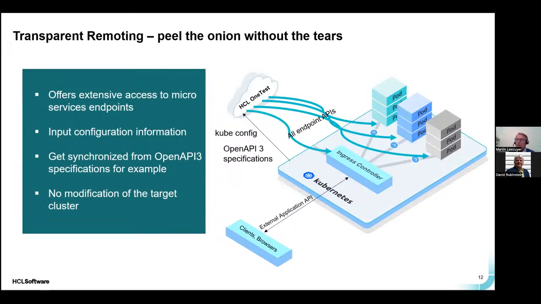You are accessing the microservice as if it was not in the cluster, but it is deployed in the cluster, and it's just transparent, right? So it makes access to your internal services transparent, whether they are databases, services, any kind of things. Again, we don't need to modify anything inside the cluster, just provide the right permissions and configurations to HCL OneTest, which is really cool stuff.